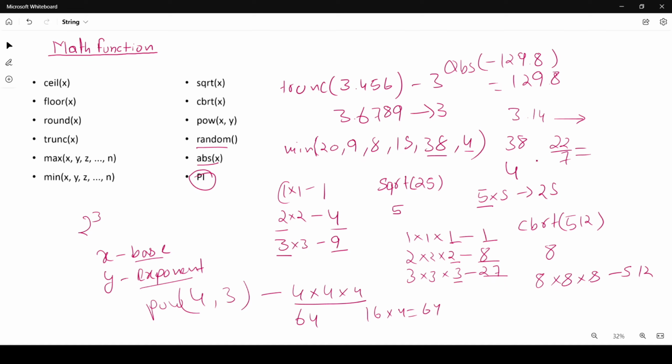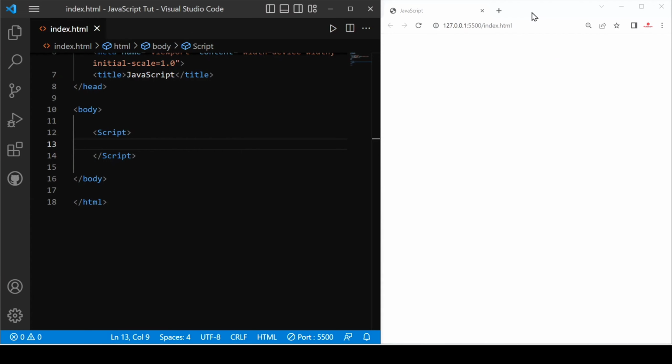Okay. Now let's see how we can practically implement these functions in JavaScript. Now we are going to practically implement math functions in JavaScript.